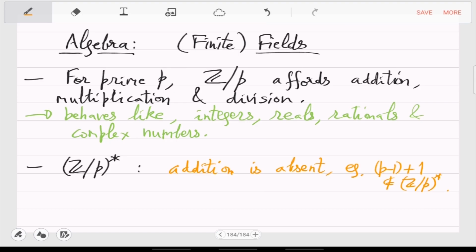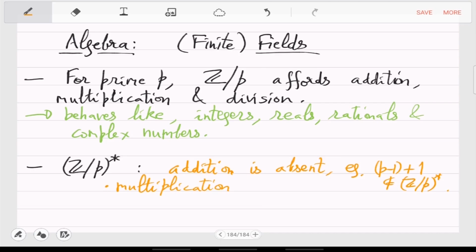Can you multiply? Yeah, so this set is still very nice in the sense that it still affords multiplication. Any two things you multiply, you can get a representative for the product in the set.